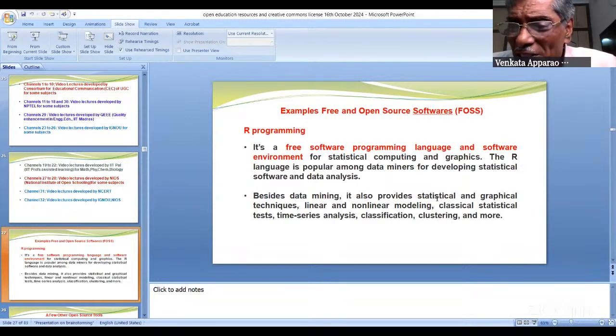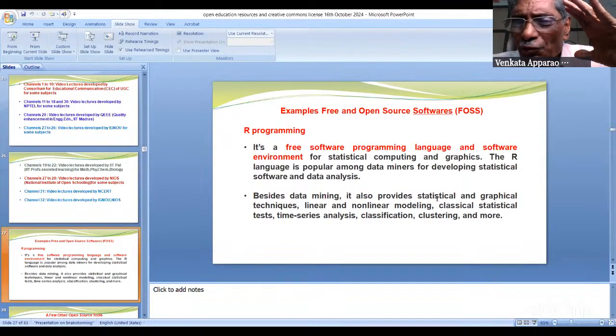Many colleges cannot afford to purchase commercial software. Therefore, in this OER movement, free and open source software has been developed. They are as good as commercial software for the purpose of teaching and for many uses.